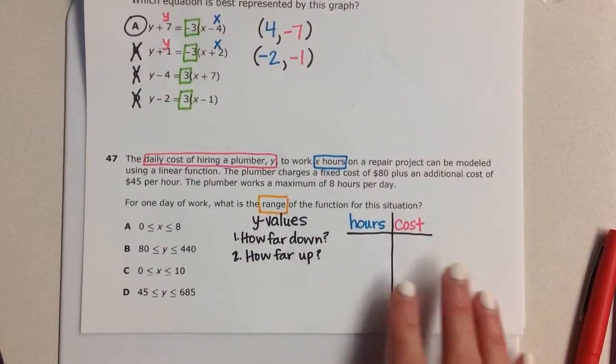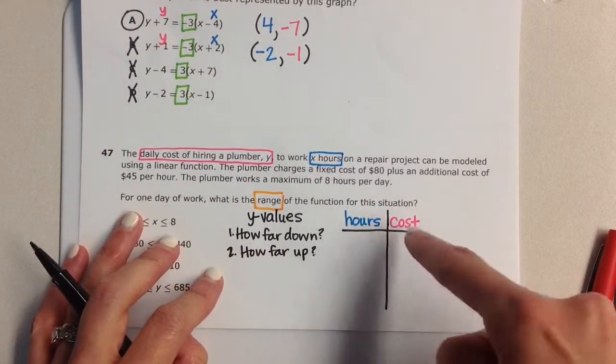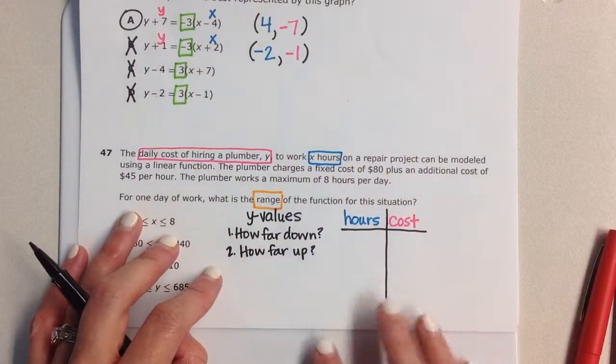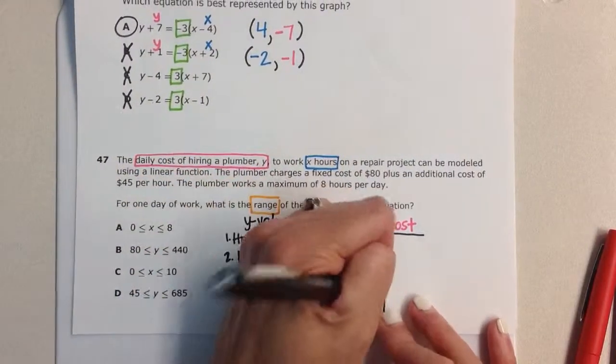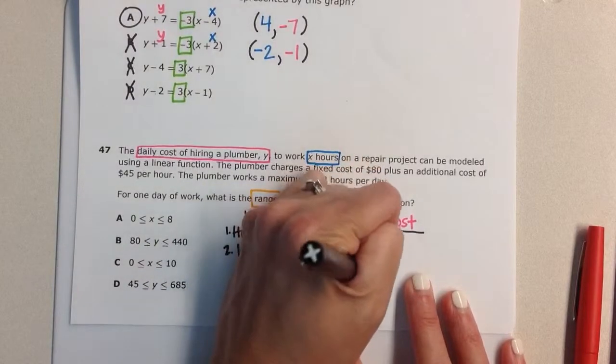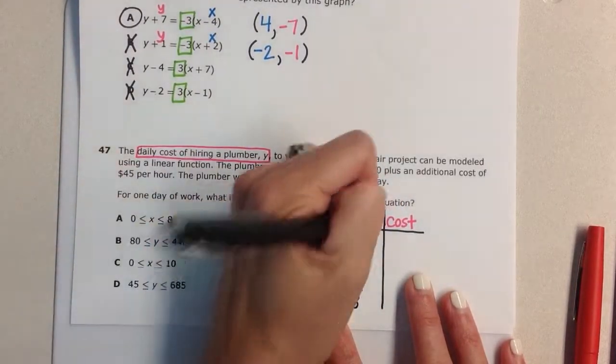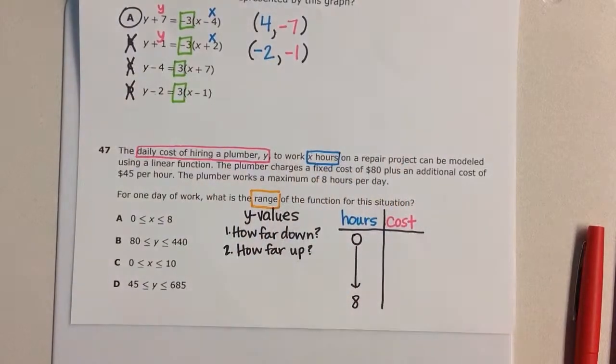So now I'm going to figure out, well, what's the lowest number of hours? Because if I can figure out my hours, I can figure out my cost based on the information they gave me. It says that he works a maximum of 8 hours a day, so that's the highest he's going to work. But what is the lowest number of hours he could work? It has to be 0 because he's not going to work anything.